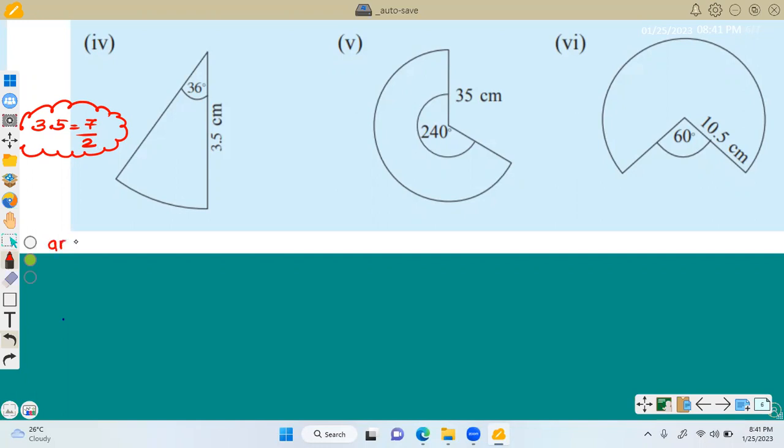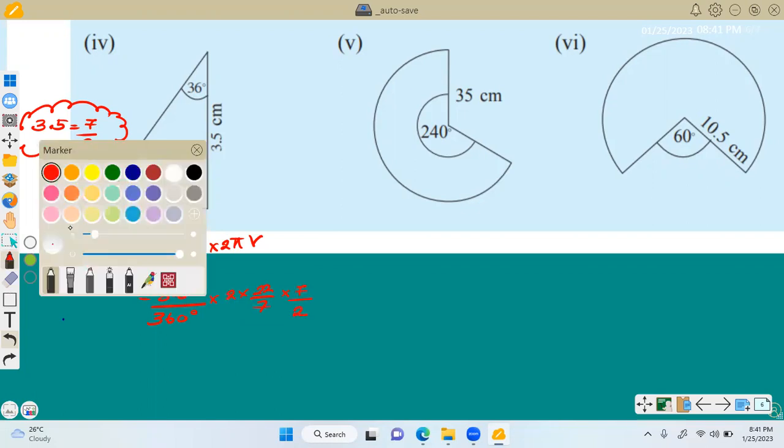Then arc length is equal to theta upon 360 into 2πr. Now theta is 36 upon 360 into 2 into 22 upon 7 into r, which is now substituted by 7 upon 2.